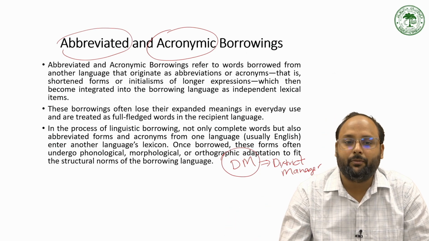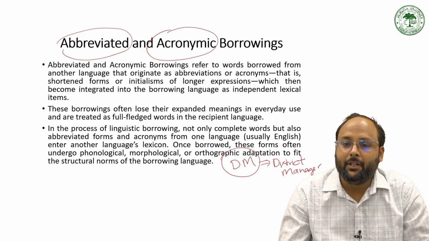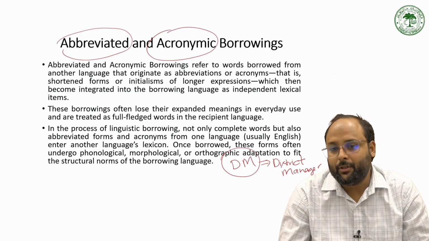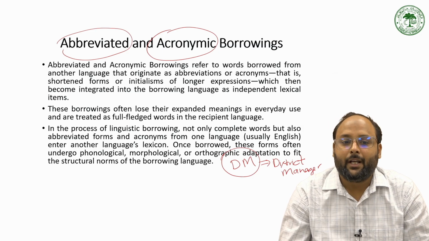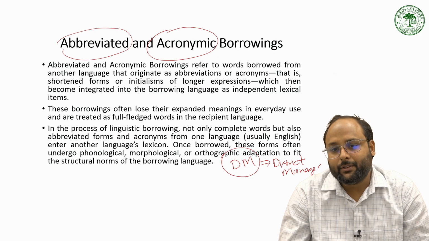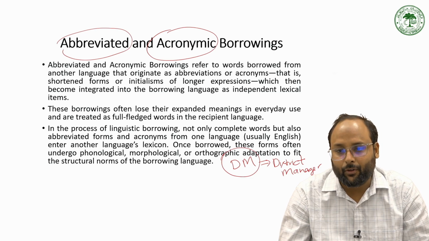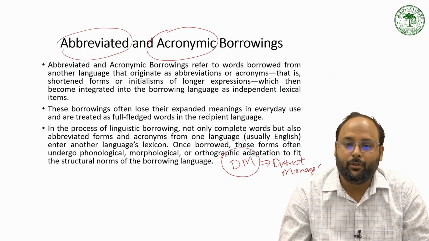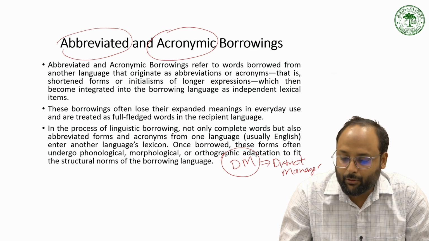So in the process of linguistic borrowing, not only the complete word but also the abbreviated form or acronym from one language enters into another language. Once borrowed, these forms often undergo phonological, morphological or orthographic adaptation to fit the structural norms of the borrowing language.